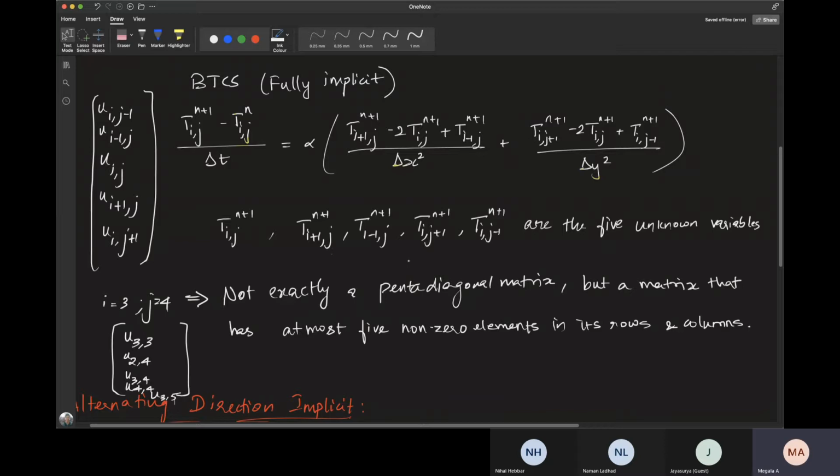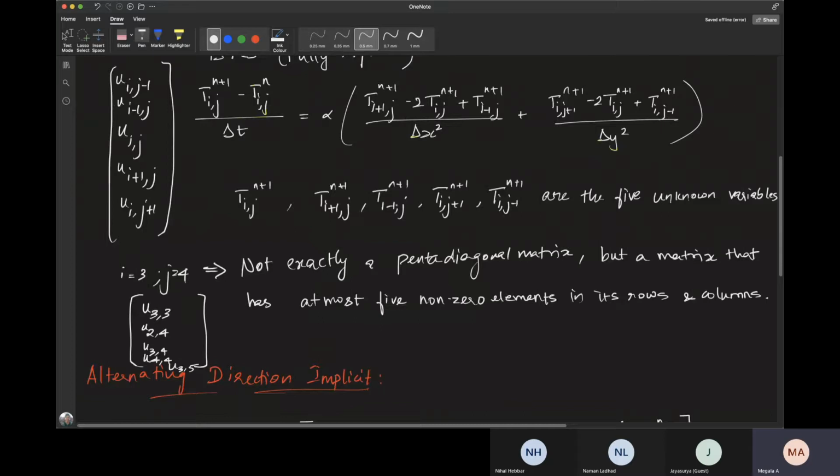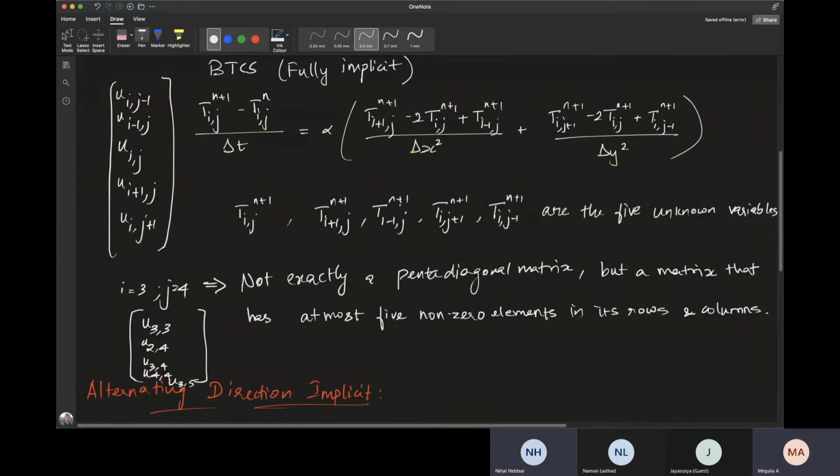So any doubts here? Any questions? Okay. So for the 1D case, it's possible for us to arrange the matrix in a tridiagonal system, but for 2D, it's not always possible to write a neat pentadiagonal matrix, but still you'll have at most 5 non-zero elements in rows or columns.